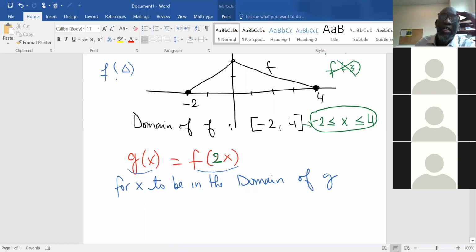F of epsilon makes sense if epsilon is between -2 and 4. It doesn't matter. So f of 2x makes sense if 2x is between -2 and 4, right? So for x to be in the domain of g, 2x has to be in the domain of f.